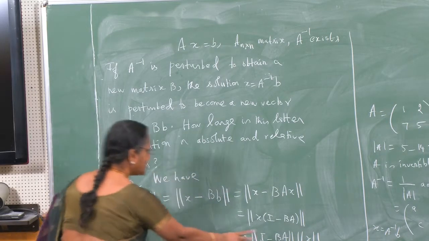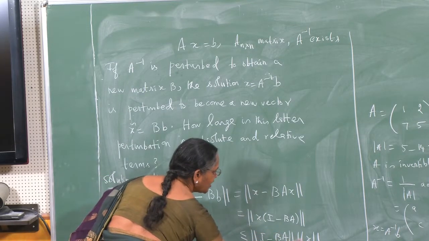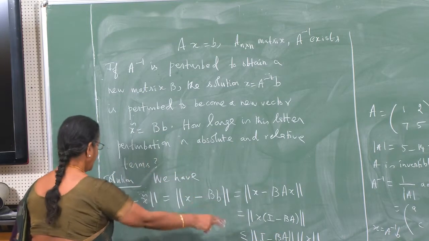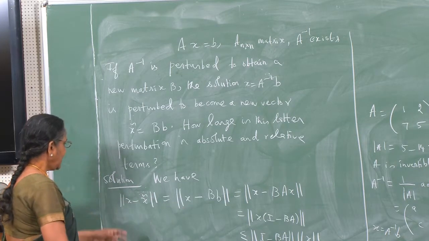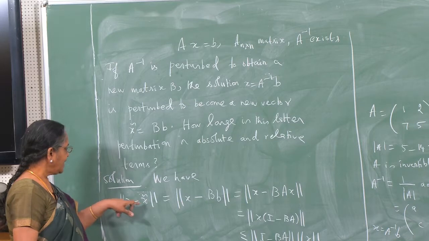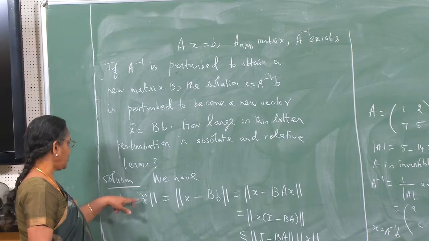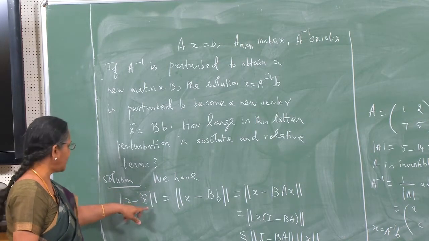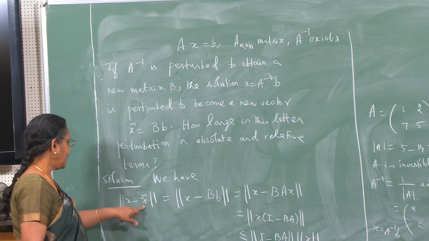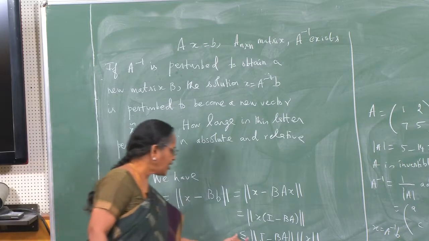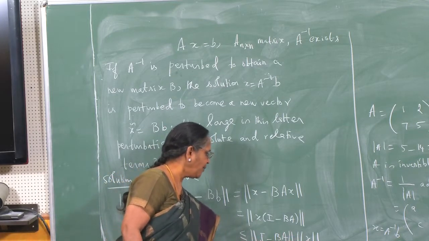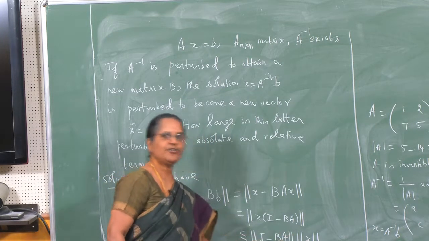So, this is the amount of perturbation in x. If x is disturbed and the resulting solution that you get is x tilde, then the magnitude of that change is less than or equal to this, namely norm of I minus BA into norm x.